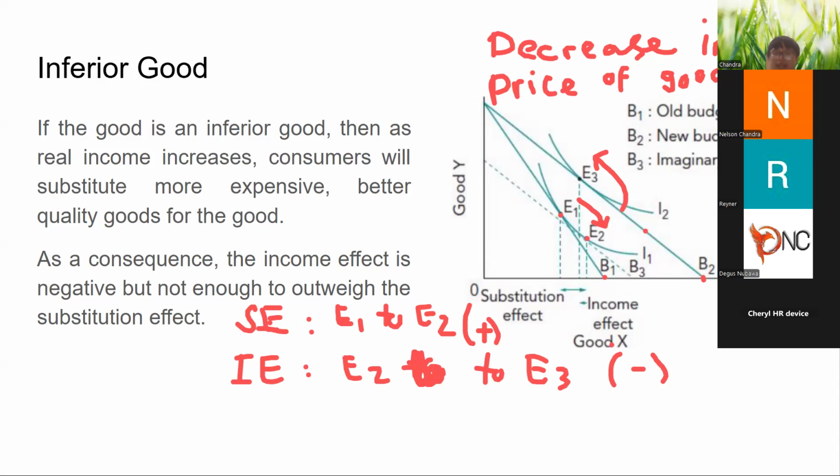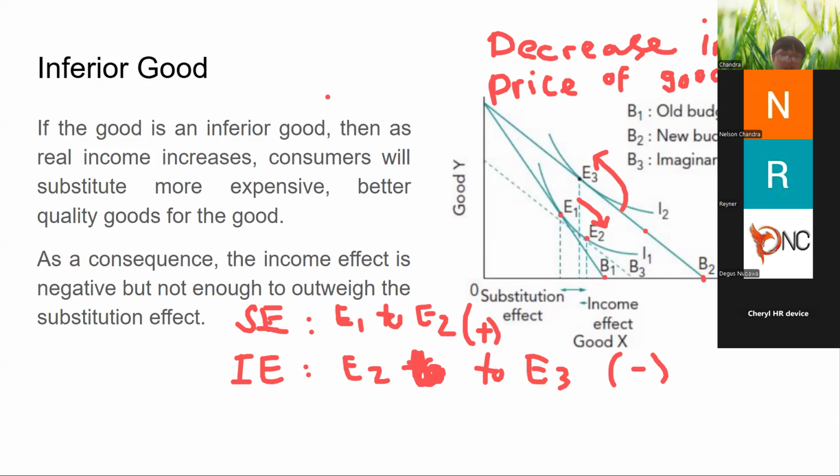Why is it negative? Because with a decrease in the price of good X, the impact is that the person will have more income or more budget overall. However, the person is not deciding to spend the additional budget or income on buying good X, because good X is an inferior good.